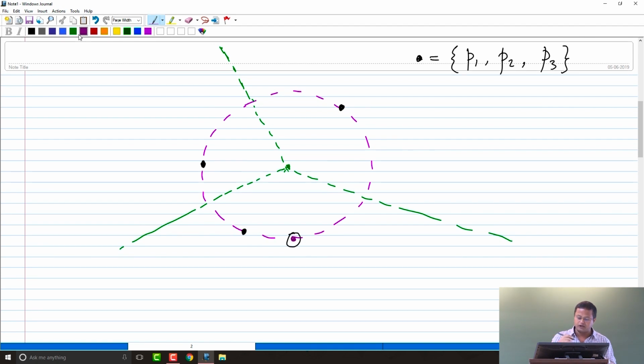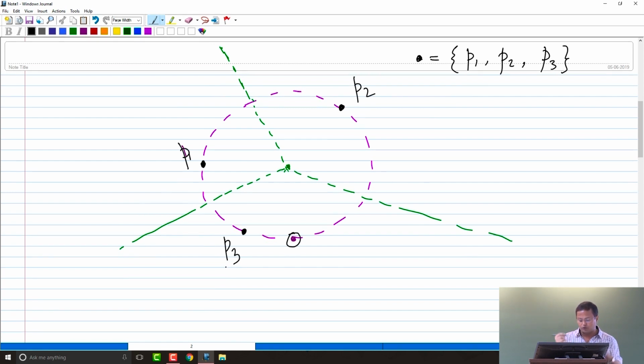So, let me name them P1, P2, P3. These are your black points and this violet colored point is the bottommost point of the circumcircle of these three, right.